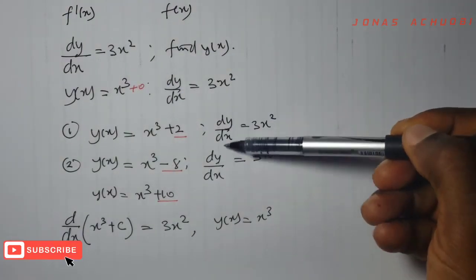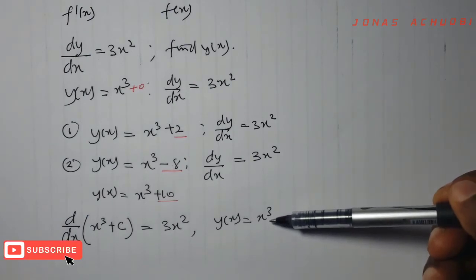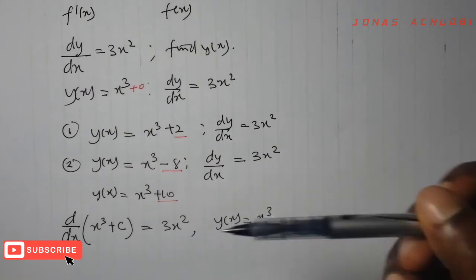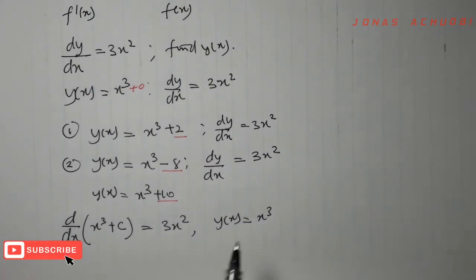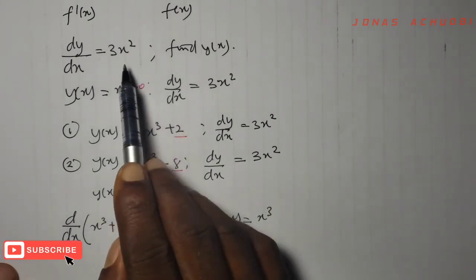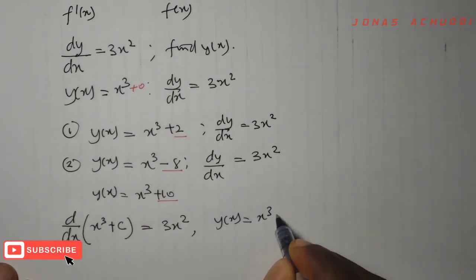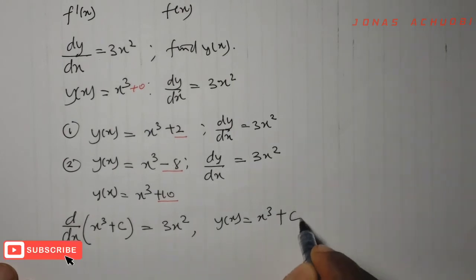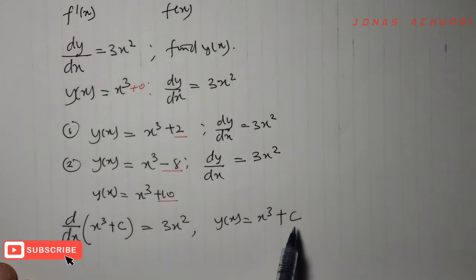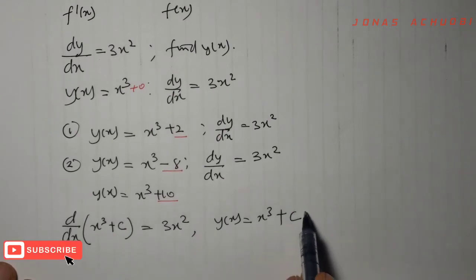Because we have seen here that x cubed is not the only function whose derivative is 3x squared. So we will now say that the antiderivative of the function 3x squared is x cubed plus what? Plus c. x cubed plus c, where the c is called a constant of what? Integration. In our later classes, we shall learn how to establish what value this c holds.